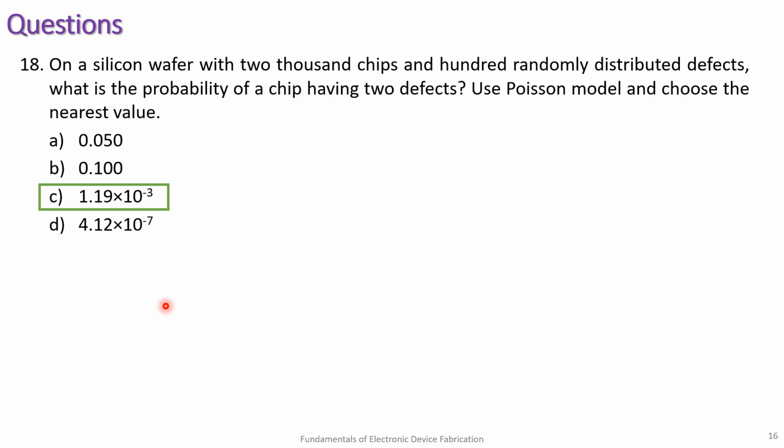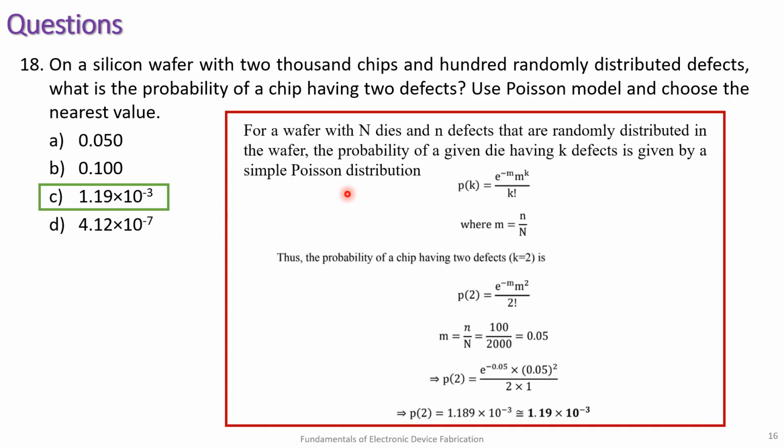So basically, n chips, n defects randomly distributed, is given. M is given by the number of defects divided by the number of chips. K is given as 2, so K is also given, and then you have to find M. M is 100 by 2000, where 2000 is your total number of chips and the number of defects is 100.